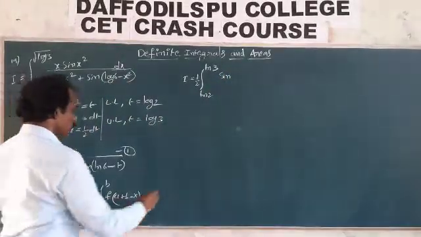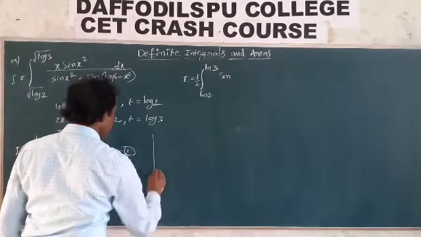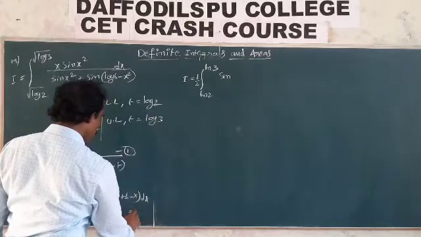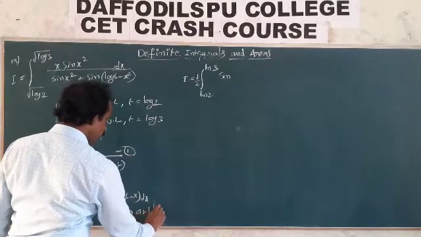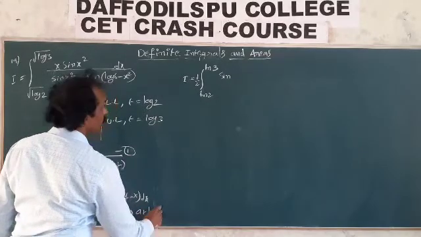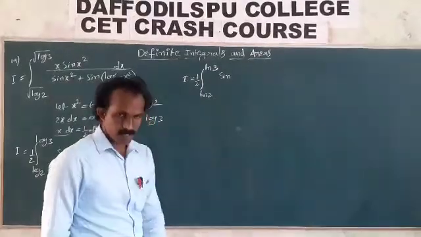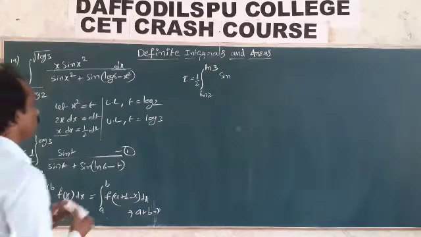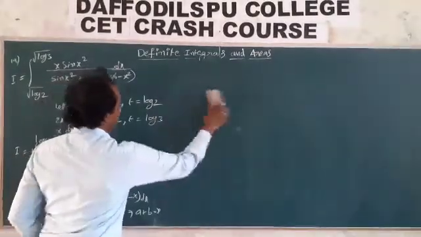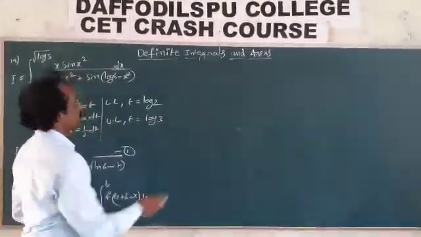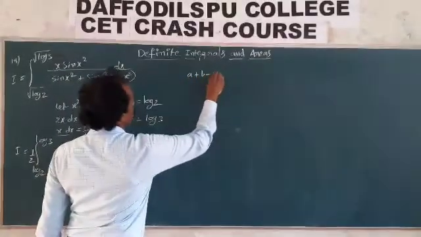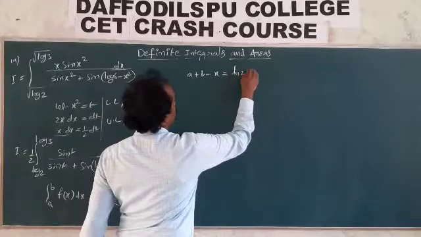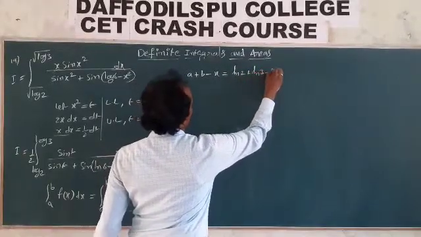Here a plus b is ln 2 plus ln 3 minus x.